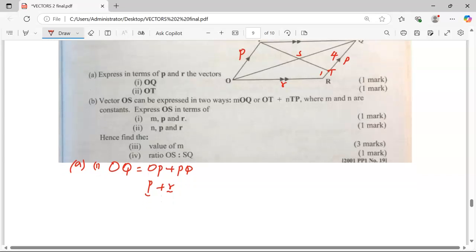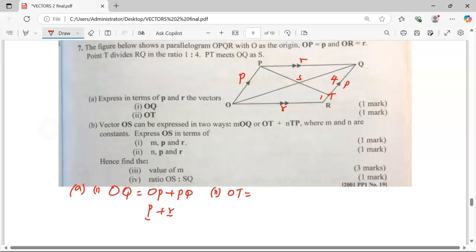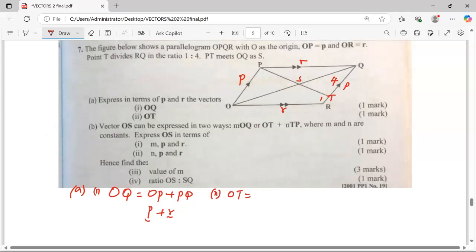We move to Roman 2, where we are supposed to express OT in terms of, again, vectors P and R. OT will be equal to the route OR plus RT.